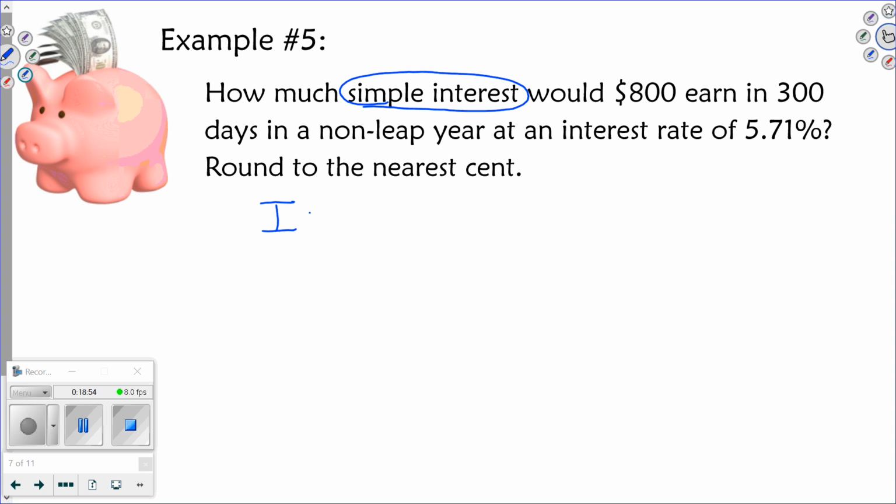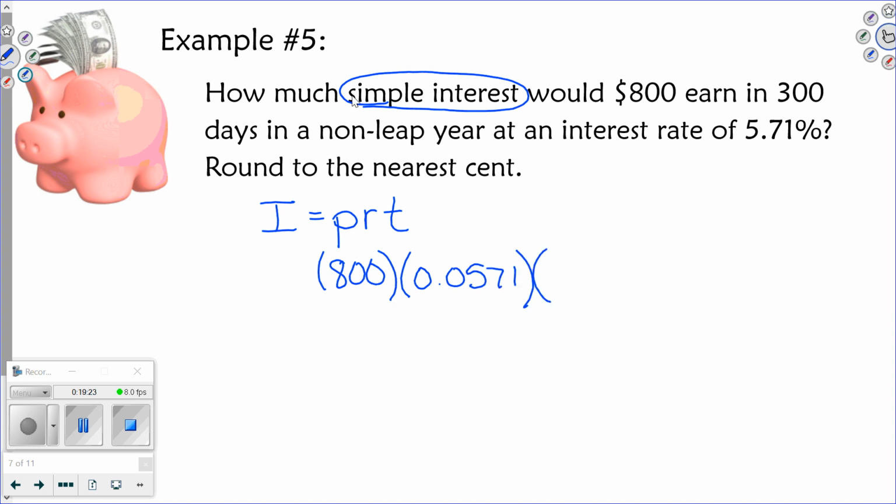So we know it's I equals PRT. So where does the 800 go? That's principal. Will I always give you the principal? No. Do you think I may give you the interest at some point? Yeah. All right. Rate would be 0.0571.